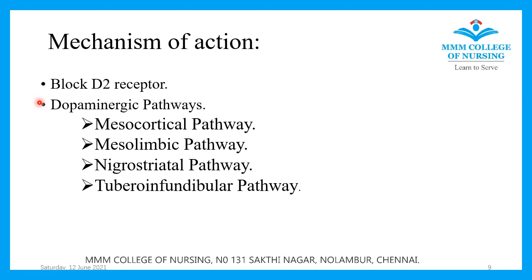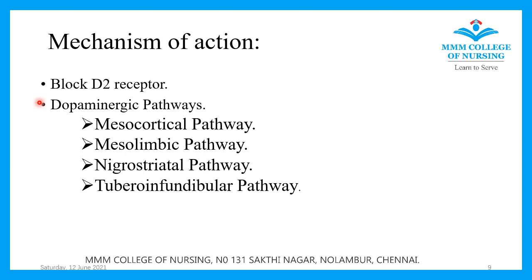There are 6 dopamine signaling pathways in the brain, but the ones most involved with antipsychotics are, first, the mesocortical pathway, from brainstem to the cortex. It is associated with the negative symptoms of schizophrenia. Mesolimbic pathway, from brainstem to the limbic system, which is involved with the positive symptoms of schizophrenia.